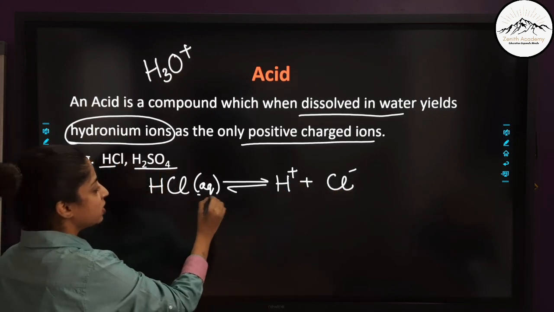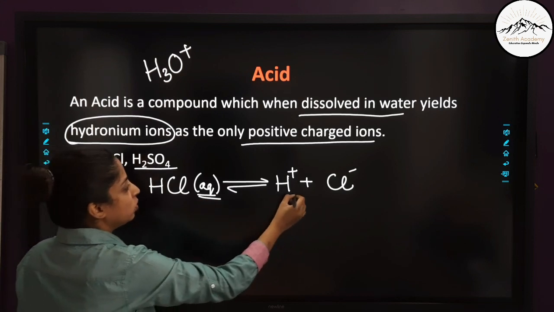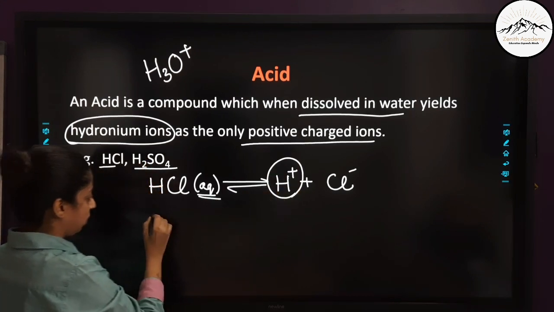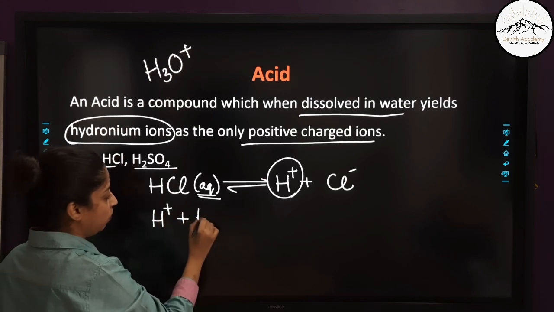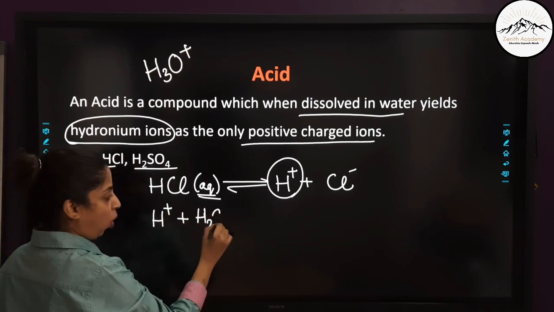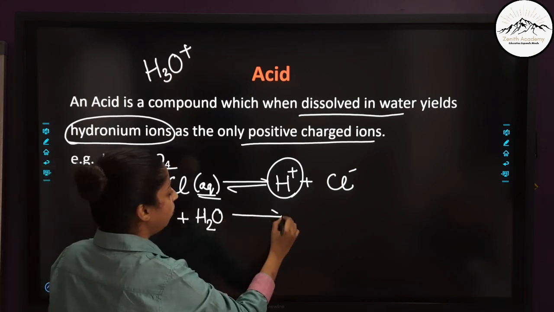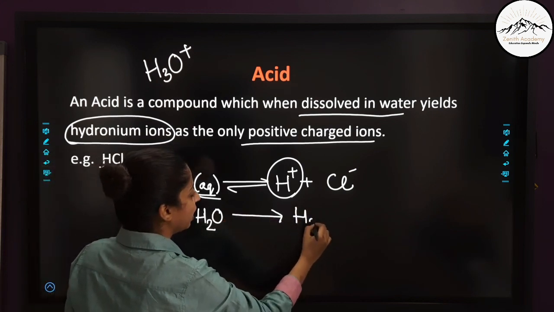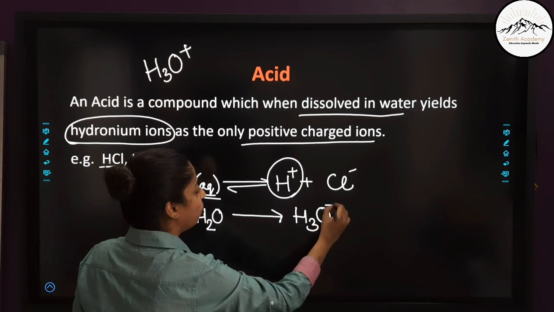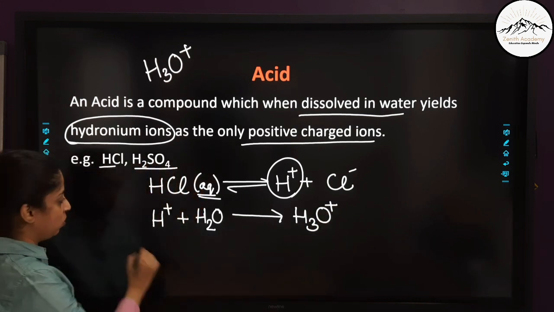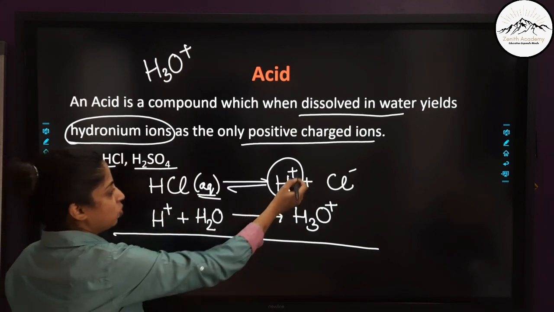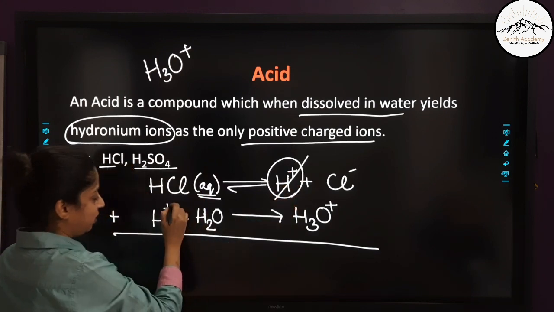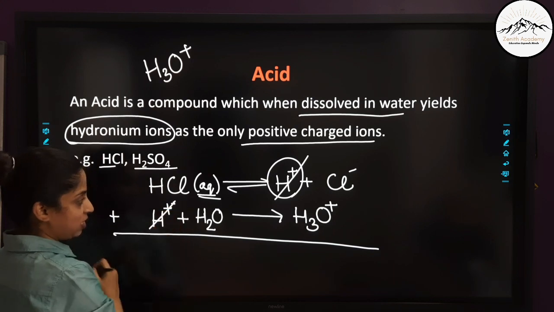Now since we know it is an aqueous medium, this H plus ion will react with water, it will combine with water to form hydronium ion, H3O plus. So if we add these two reactions, here this is at right hand side, here it is at left hand side, so it gets cancelled.